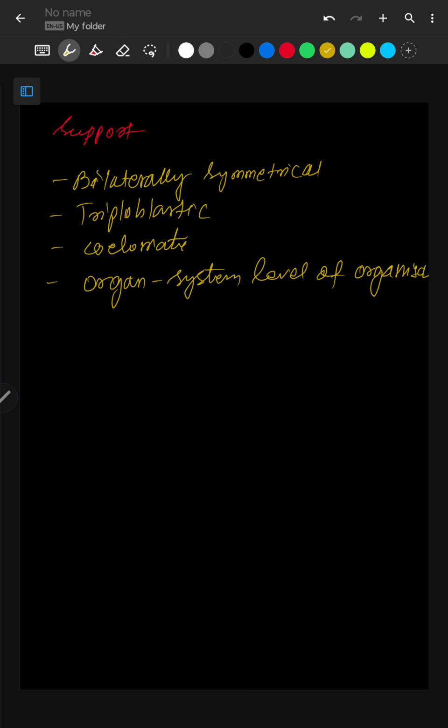you know that in higher forms the notochord is replaced by the cartilaginous or bony vertebral columns.